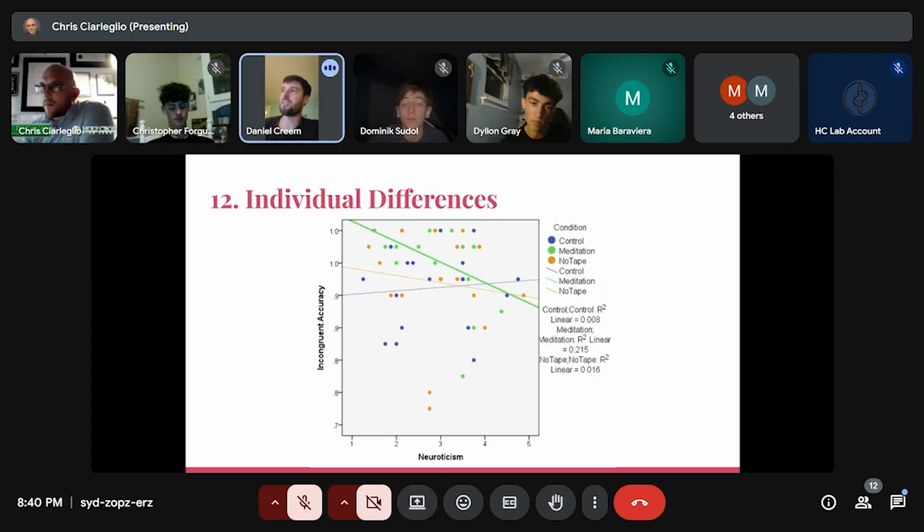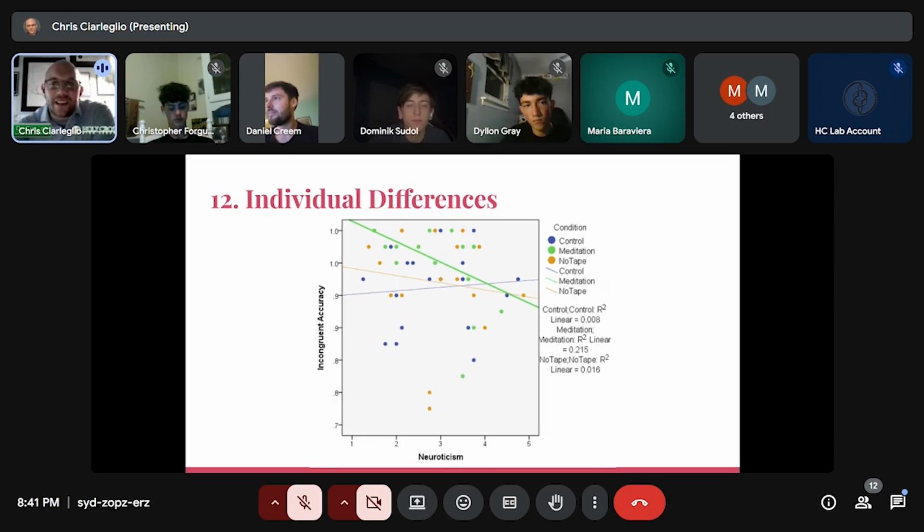So we basically say that the people who are less neurotic saw a big benefit from meditation, and the people who are more neurotic did not see a benefit from meditation. So the people who need it the most are probably the ones who are most neurotic, right? Yeah, and it did not help them, really, unfortunately. Sorry, guys, but you're all screwed now. No, I wouldn't think that way. Maybe you just need more than one.